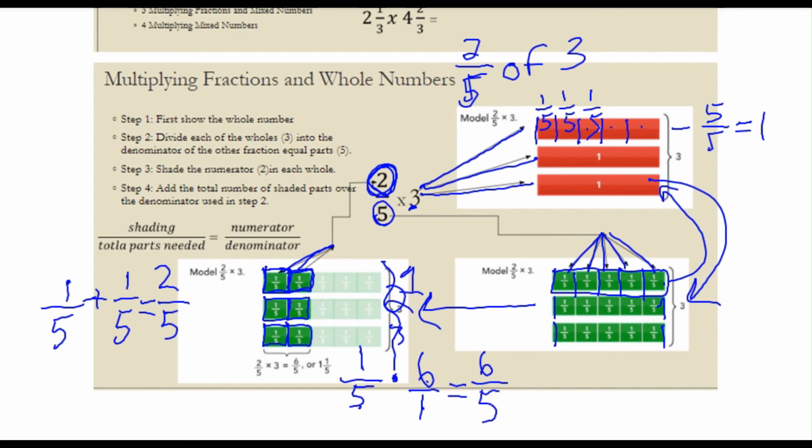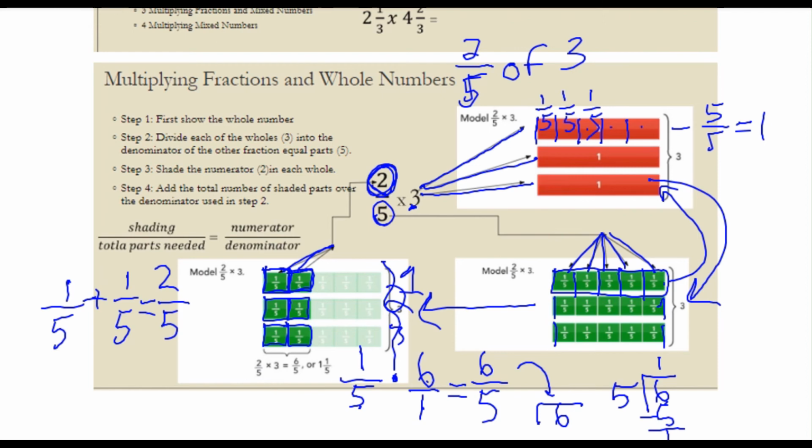And then since we have an improper fraction, we can divide to change it to a mixed number. Standard long division, drop the top number in. So it should say 6 divided by 5. 5 goes into 6 one time. 1 times 5 is 5. Subtract, we get 1.